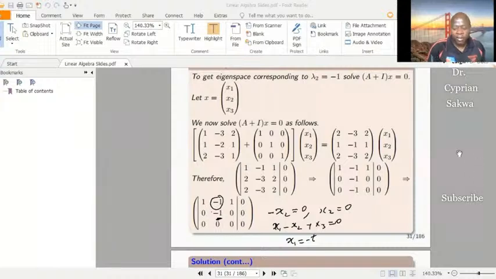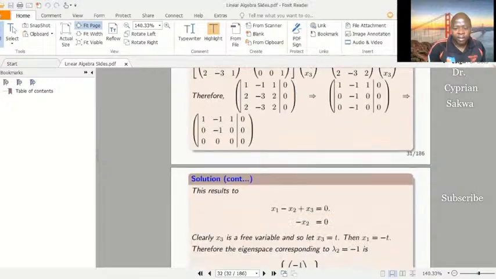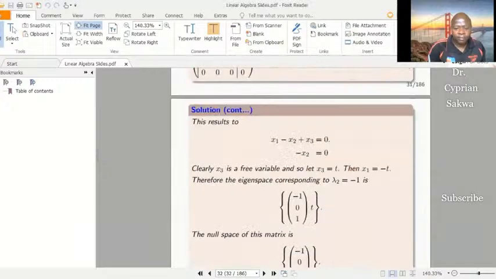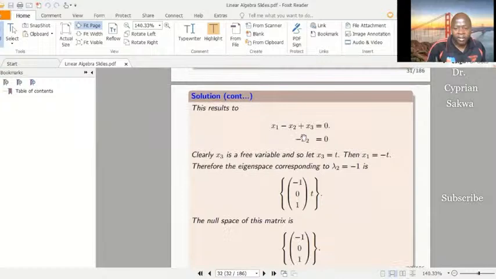And then from there, we can straight away write the vector. Now, this is what I get. So this is an explanation of what I've already explained: x3 will be t, x1 will be negative t, and x2 will be 0.